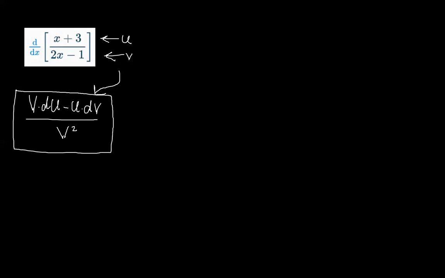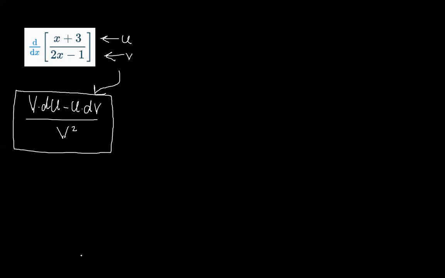But here's the thing though, mathematically speaking, is it 100% sure that your u is on the numerator and your v is your denominator? No, not really. Let me give you an example.